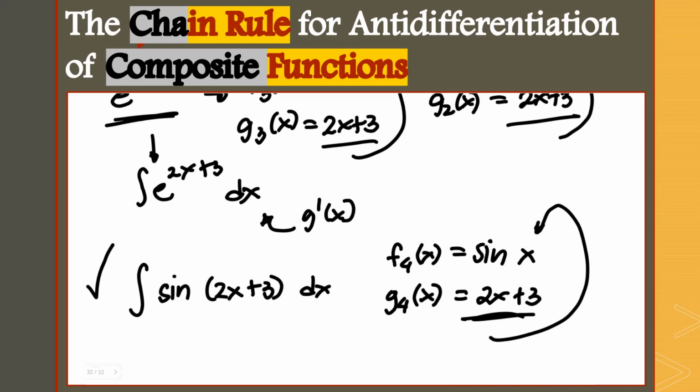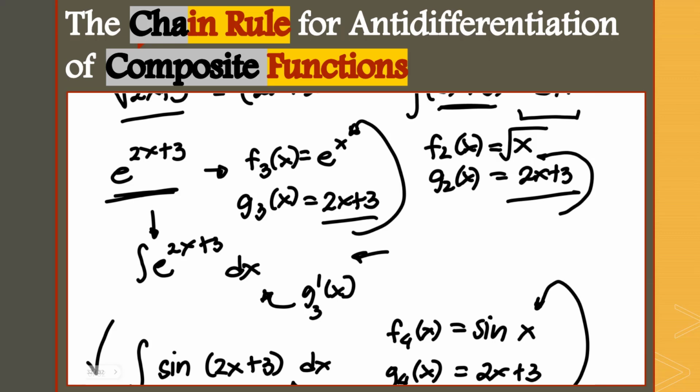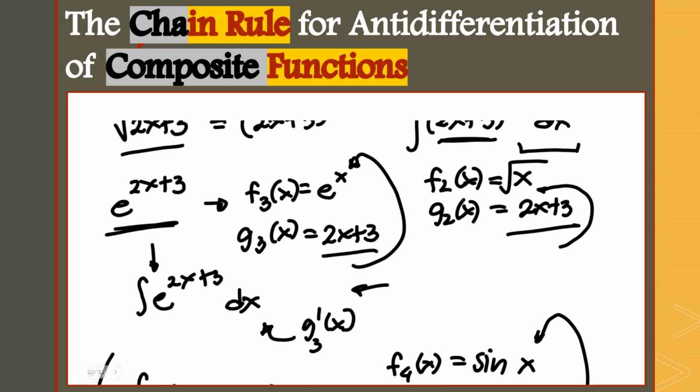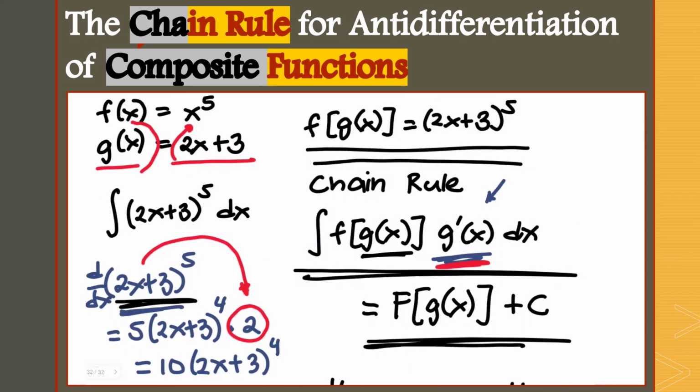So before doing that, we need to introduce here the g sub 4 prime of x before finding its antiderivative using the specific rule for sine. Similar here, using the specific rule for exponential. Okay, so that would be our concept here for the chain rule. Yes, some examples we will provide later on, but the idea here is we need to identify or insert something here. This is for the chain rule for antidifferentiation of composite functions.